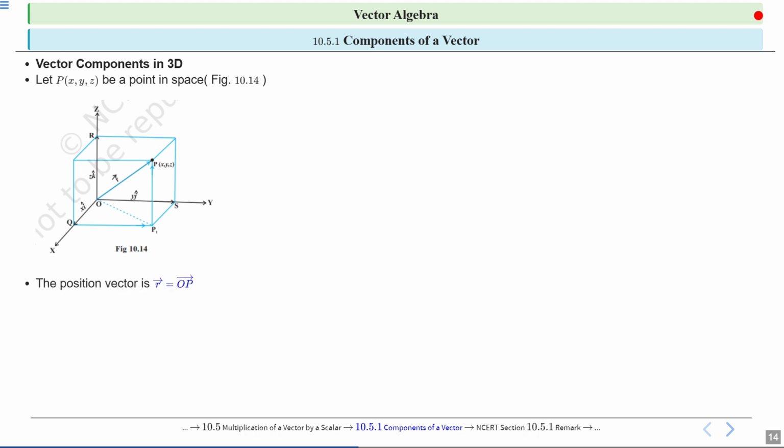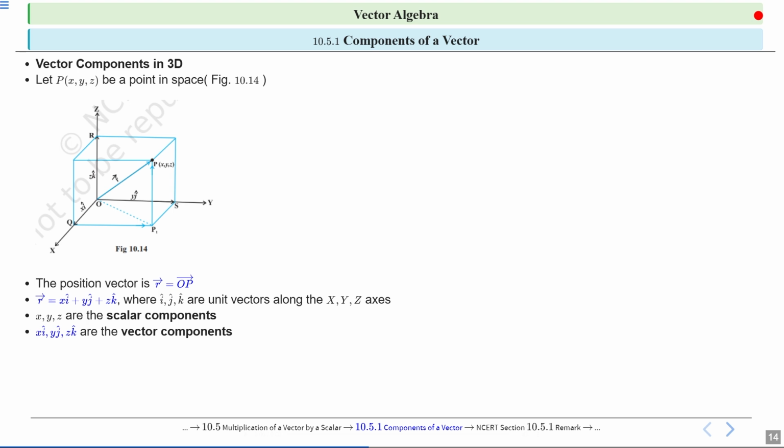So the position vector R vector is equal to OP vector. R vector is equal to x i cap plus y j cap plus z k cap, where i cap, j cap, k cap are unit vectors along x, y, and z axis. x, y, z are scalar components. So x i cap, y j cap, and z k cap are the vector components.